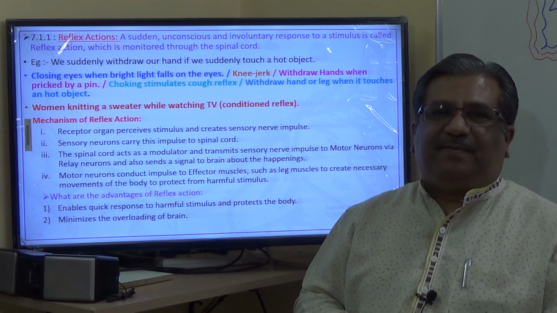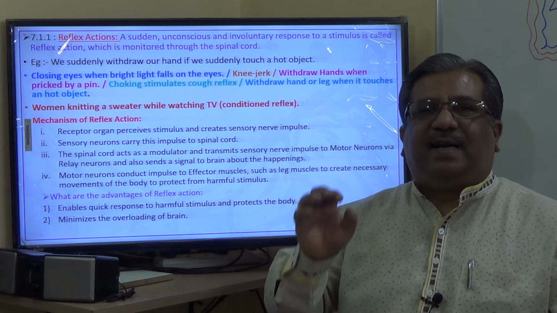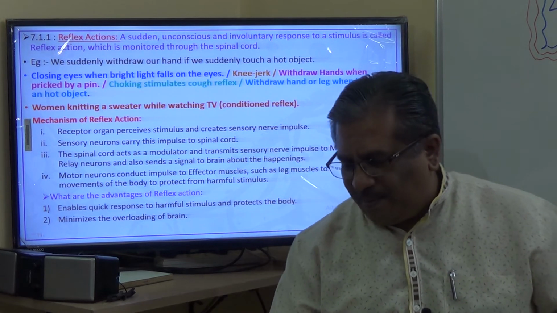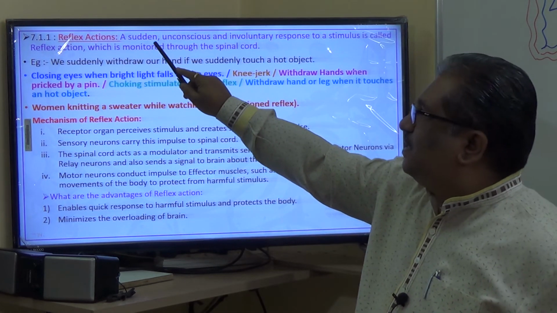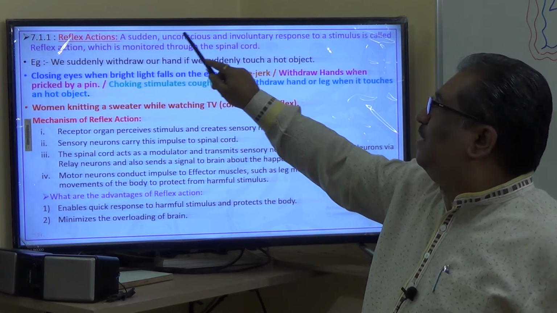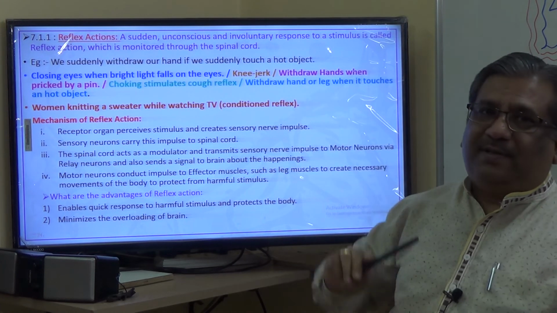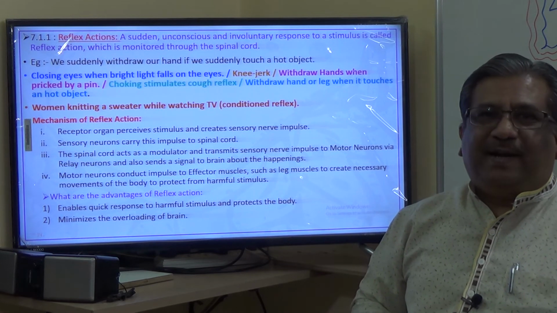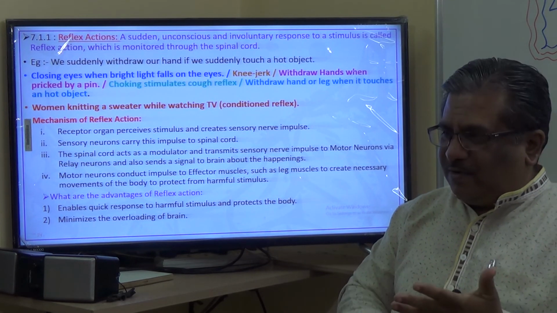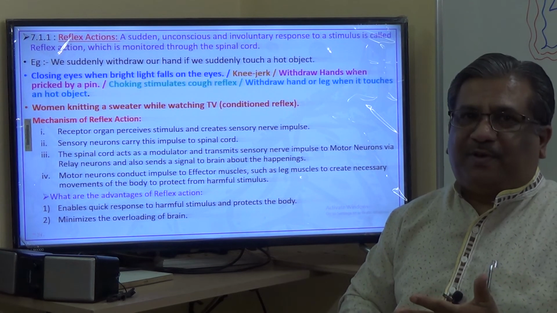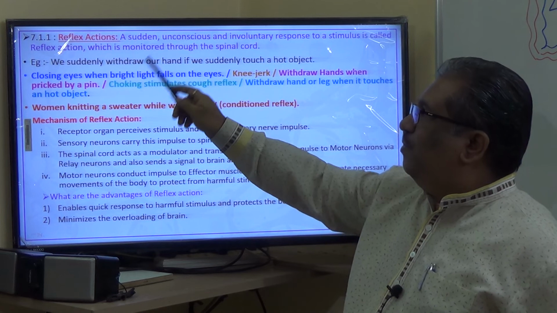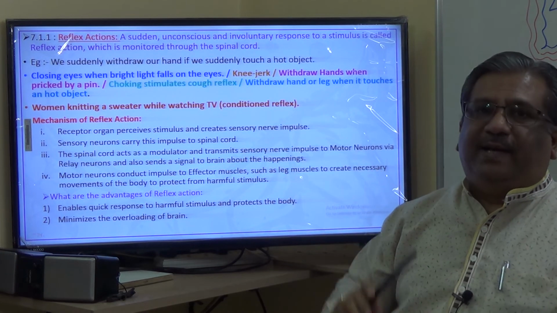How do you define this reflex action? Keywords and phrases are very important in defining the reflex action. How is it defined? Sudden, unconscious, involuntary response is a reflex action. Do you understand? Sudden, unconscious, involuntary response to a stimulus is called a reflex action, which is monitored through the spinal cord.